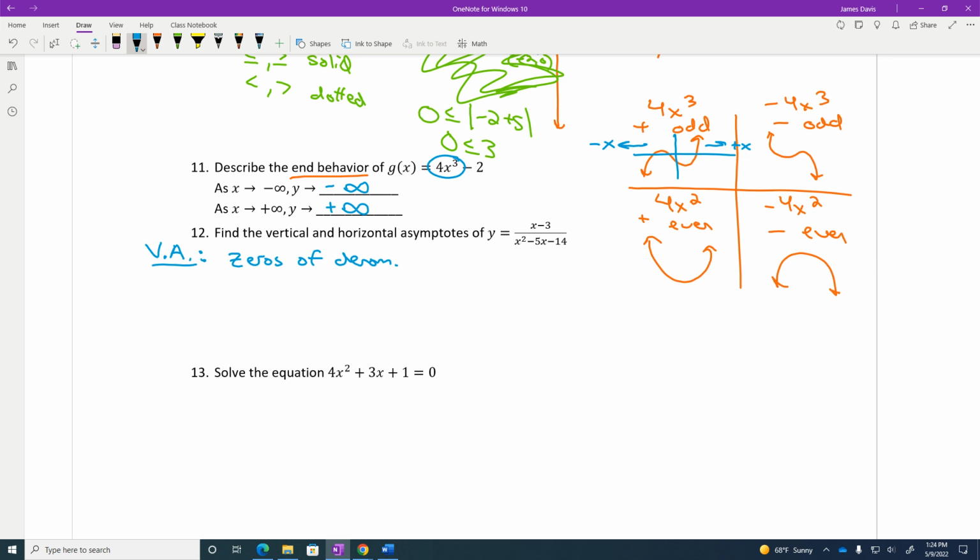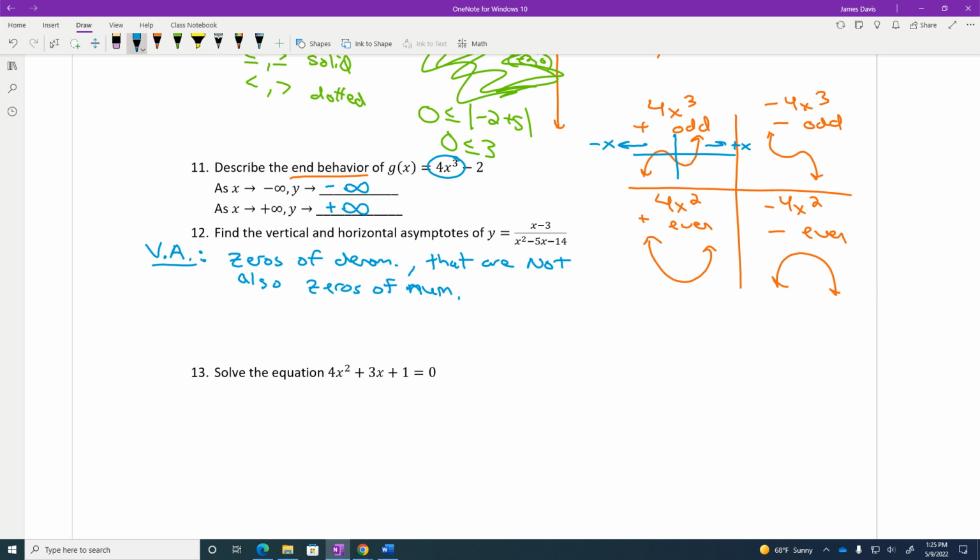It's the zeros of the denominator that are not zeros of the numerator. So they have to be zeros of the denominator that are not also zeros of the numerator.